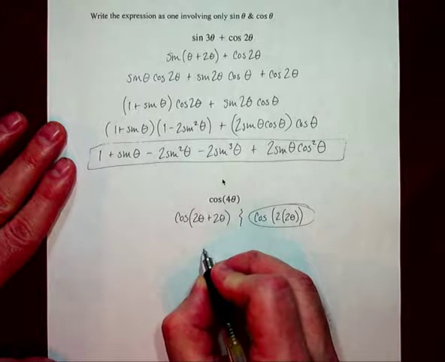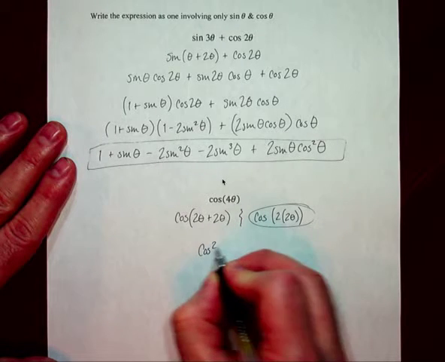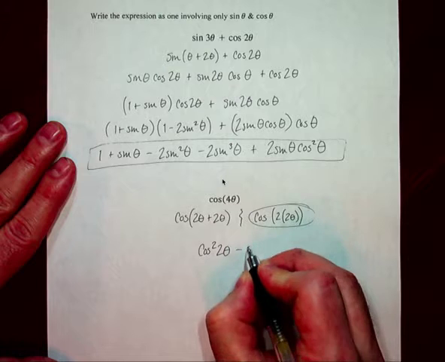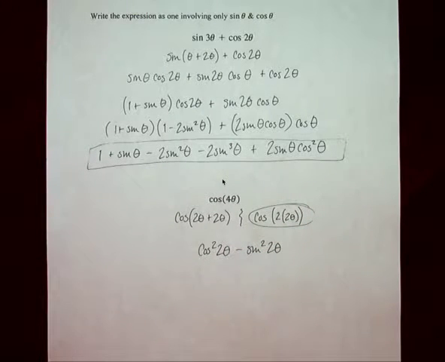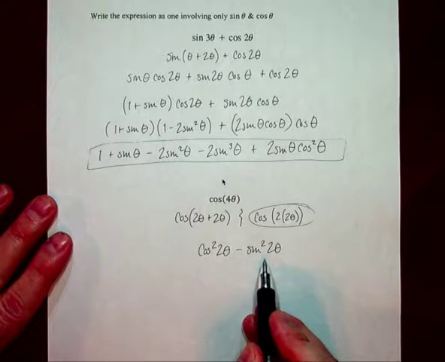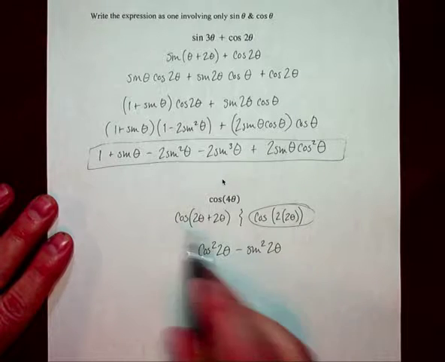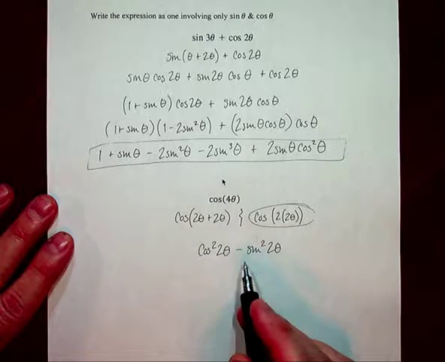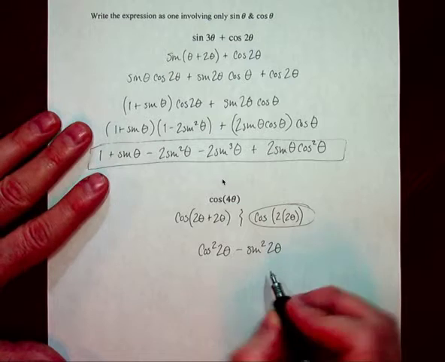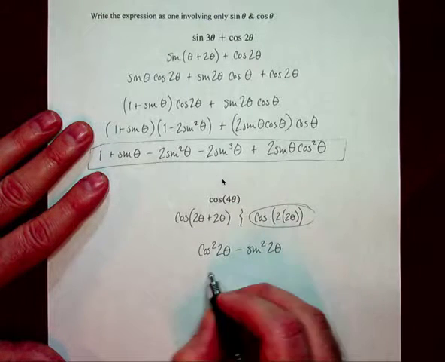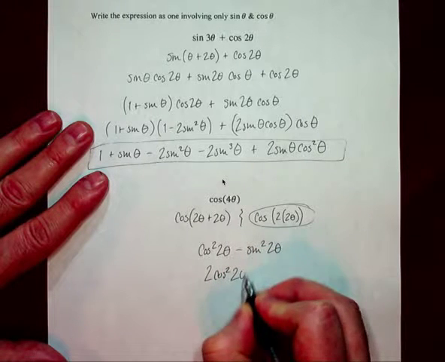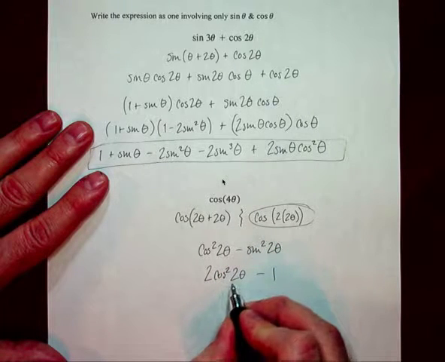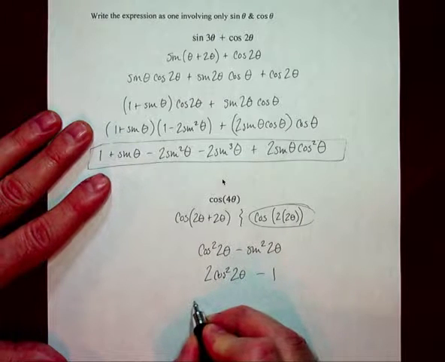And so basically what happens is we get cosine squared 2 theta minus sine squared 2 theta. But that's probably not the best one to work with, because now I have to transform both of those. So again, I've gotten myself into a form that's probably not as easy to work with. Instead of this, let's actually jump to the 2 cosine squared 2 theta minus 1, and therefore I only have one of those double angles.